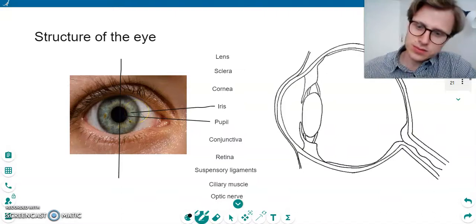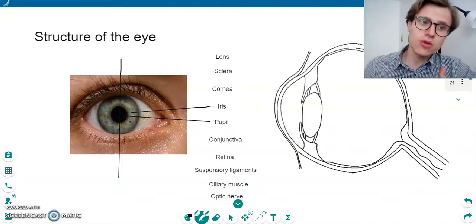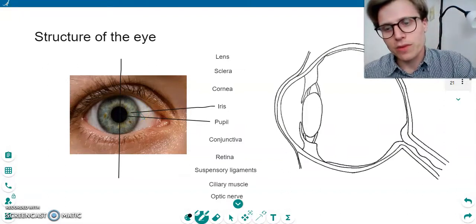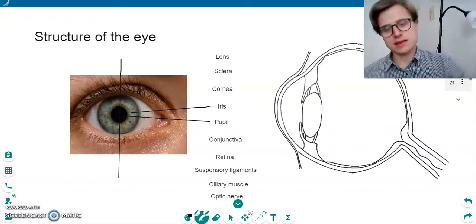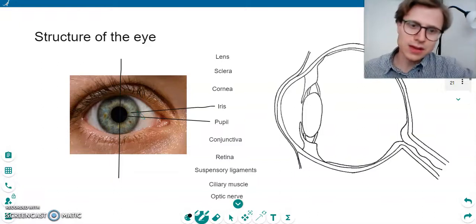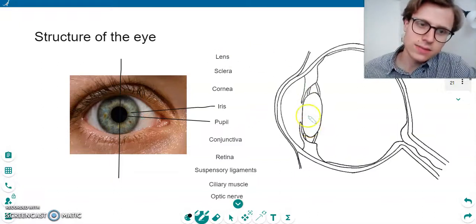And this is important because that helps us to be able to control the amount of light that enters the eye. So if we're outside on a bright sunny day, the muscles in the iris will work together to constrict the pupil so that less light is entering the eye.